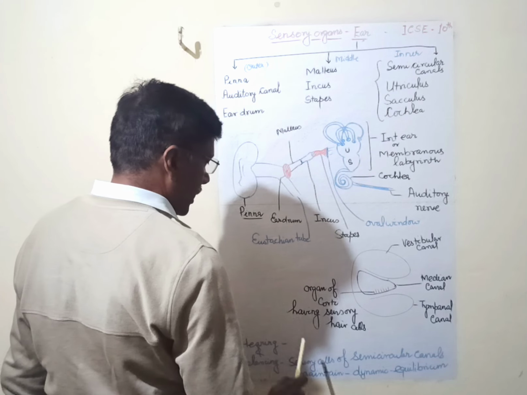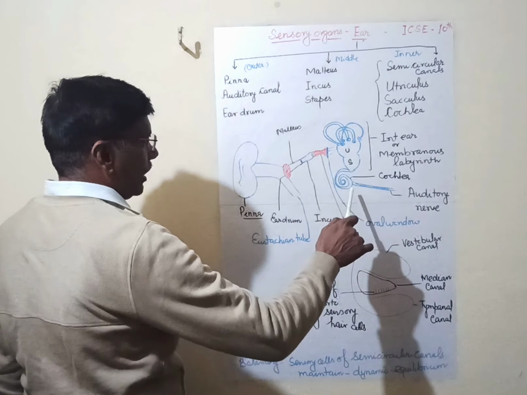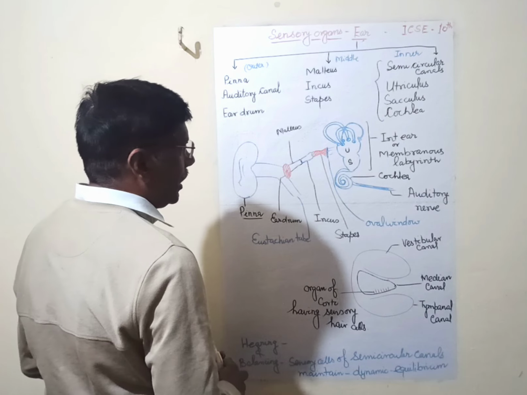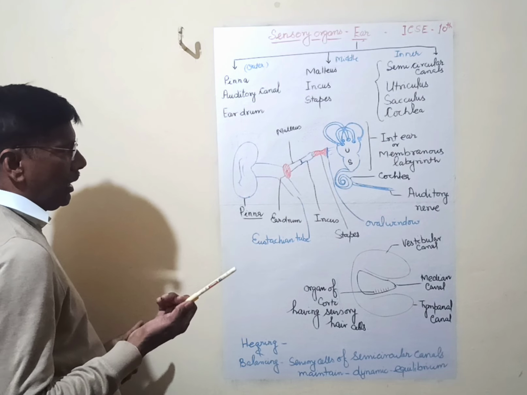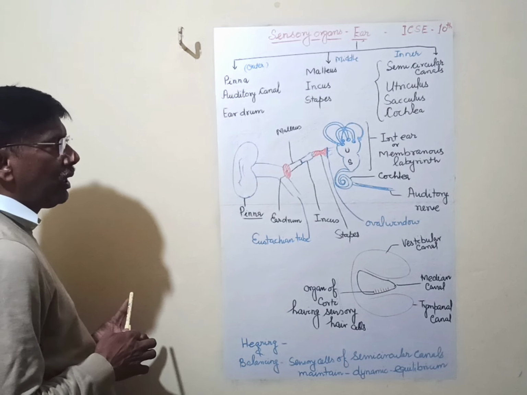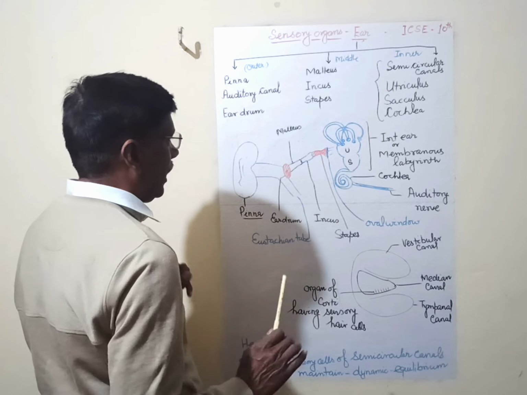These cells are very sensitive. These cells get the message and send it to the auditory nerve. The auditory nerve finally sends it to the brain. The brain recognizes the sound. This is the way of the hearing mechanism.